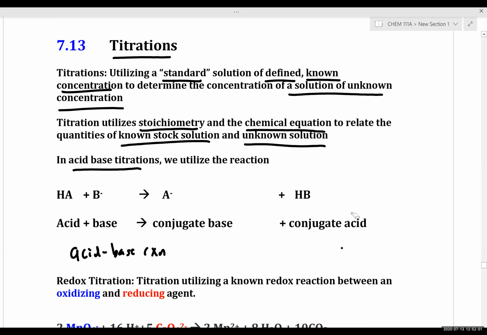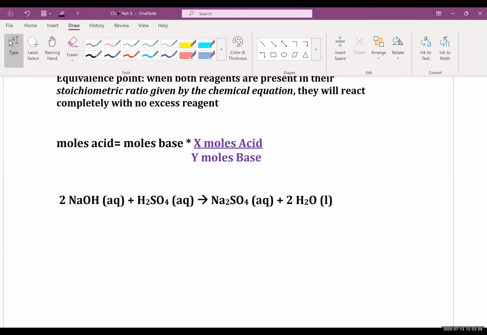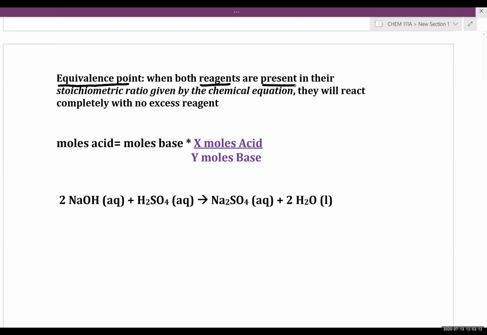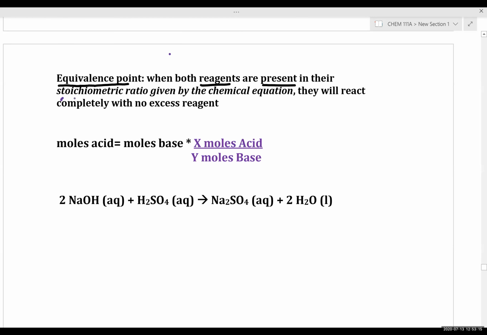So a key idea in acid-base titrations is the equivalence point. It's the point when both reagents are present in their stoichiometric ratio given by the chemical equation. So they're present in equal stoichiometric amounts.